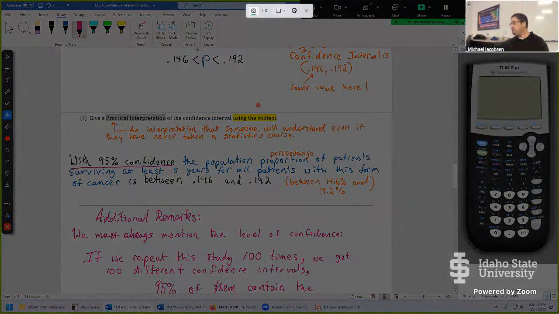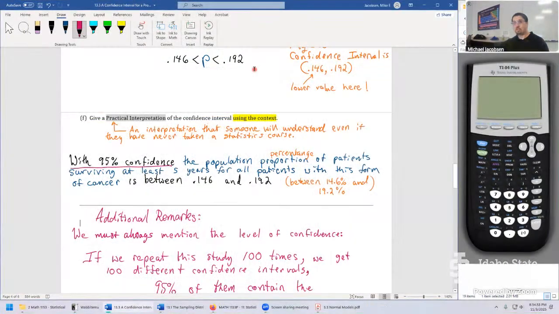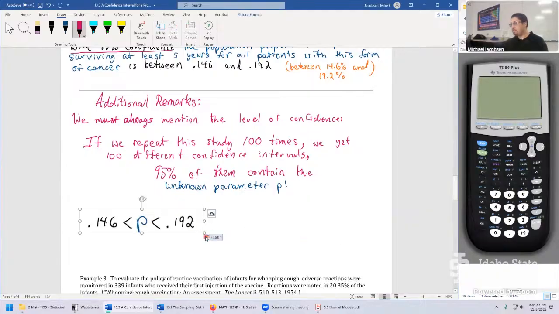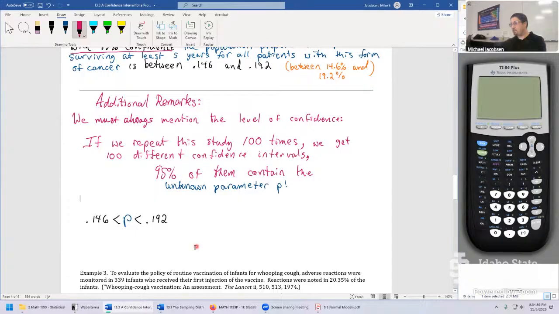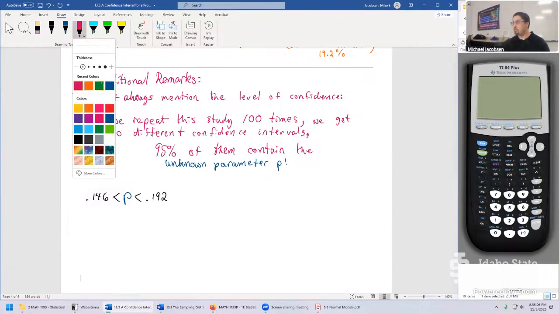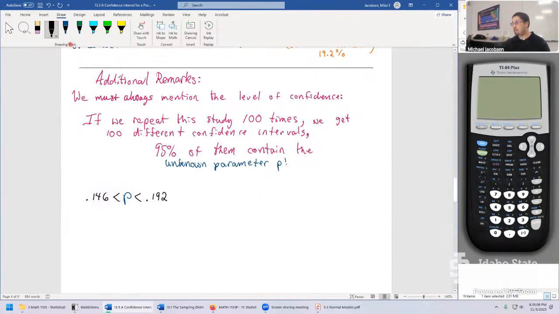Okay, maybe another interesting question. Let's look at that interval again. For another additional remark, and there's so much you can say about these intervals, another really important remark is this one. The exact center is not P. That parameter P is the unknown.